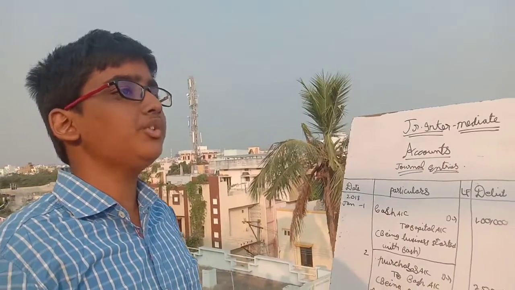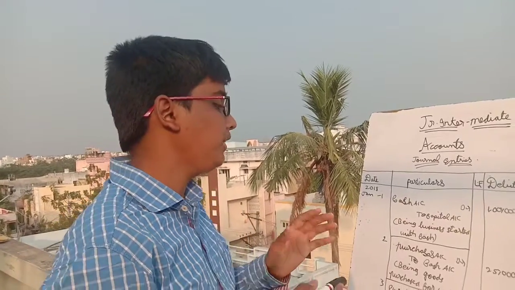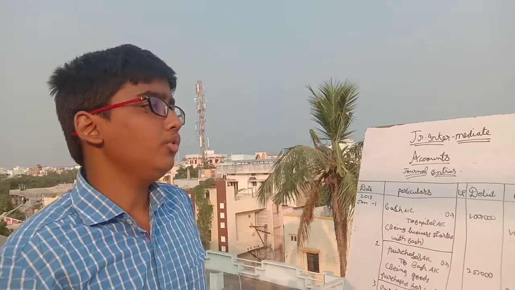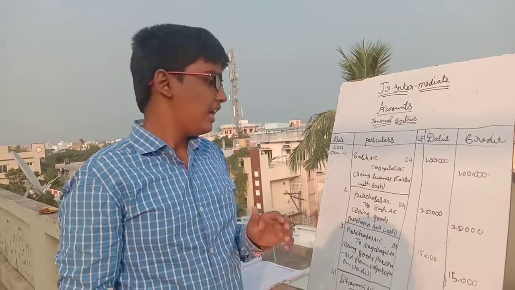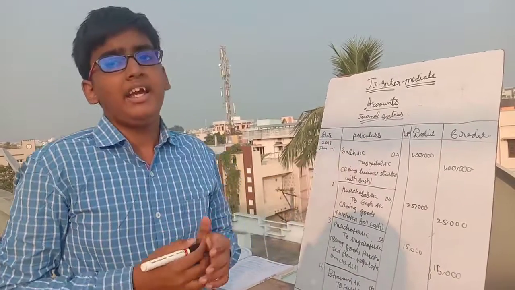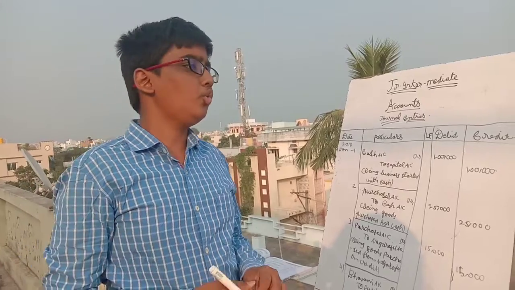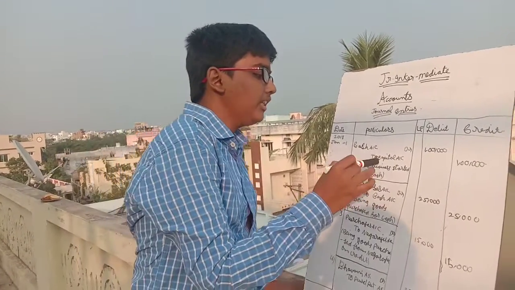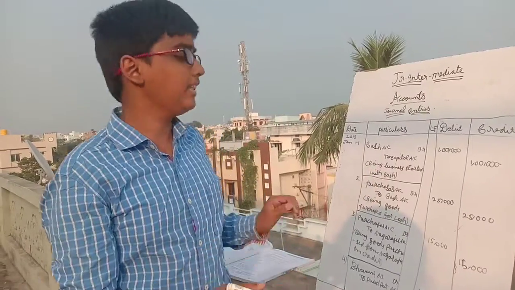Here in the business, what is coming in? Cash of rupees 1 lakh. So we have debited cash according to what rule? According to the real account rule, debit what comes in and credit what goes out. Cash is coming into the organization, so we have debited. And according to the personal account rule, credit the giver and debit the receiver. Here the giver is Sharma, that is capital, so we have credited the capital account.